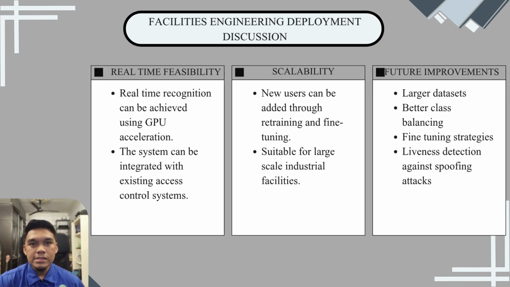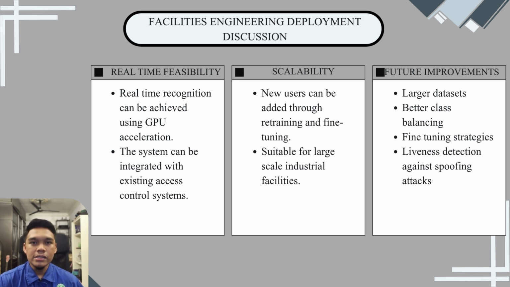Lastly, I will discuss the real-time feasibility, scalability, and future improvements of the proposed face recognition system. Firstly, in terms of real-time feasibility, the proposed system is capable of performing real-time face recognition when supported by GPU acceleration. In addition, the system can be integrated with existing access control infrastructures, making it suitable for practical implementation in industrial facilities.